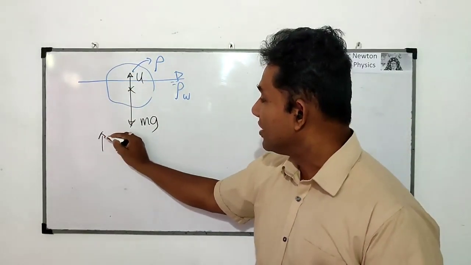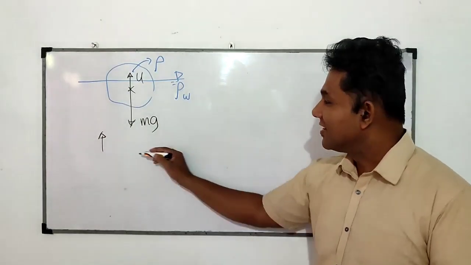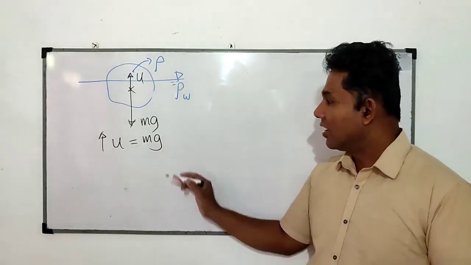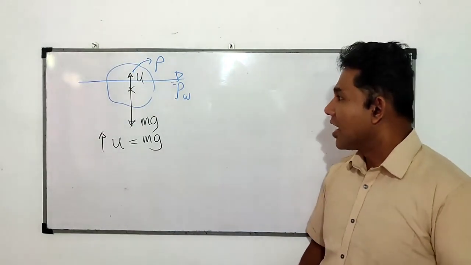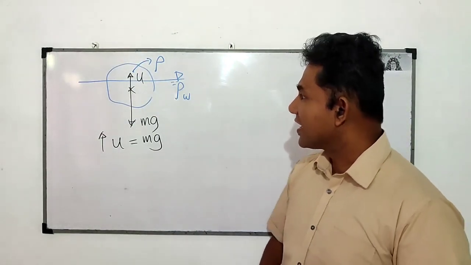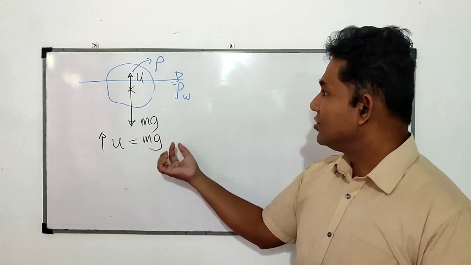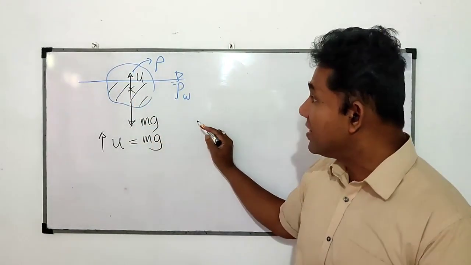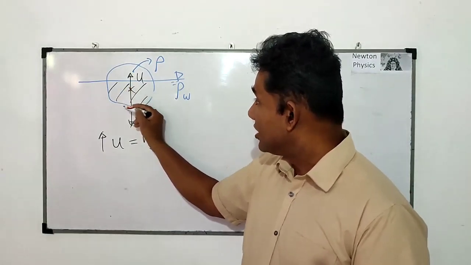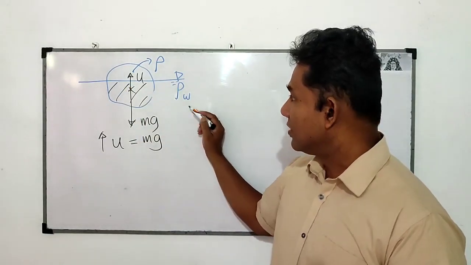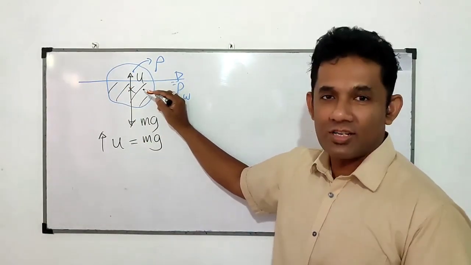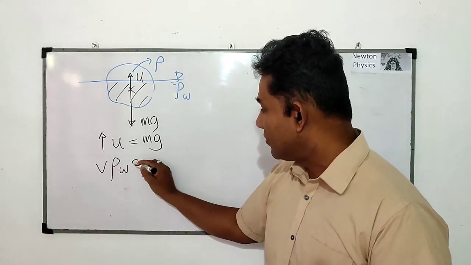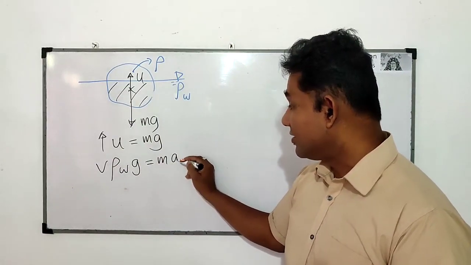That means if I consider vertical forces, then U becomes equal to mg according to the principle of floating. Now by using Archimedes principle I can write the upthrust U as V rho W g. Here V is the immersed volume of this object in water, and so I am taking V rho W g equals mg.